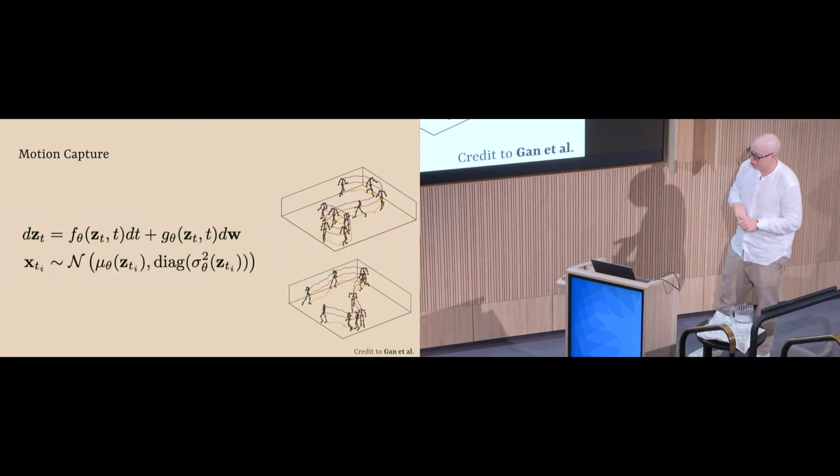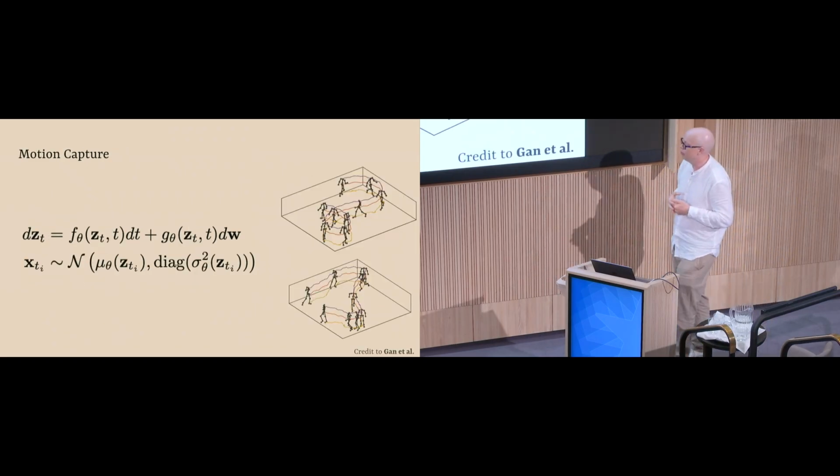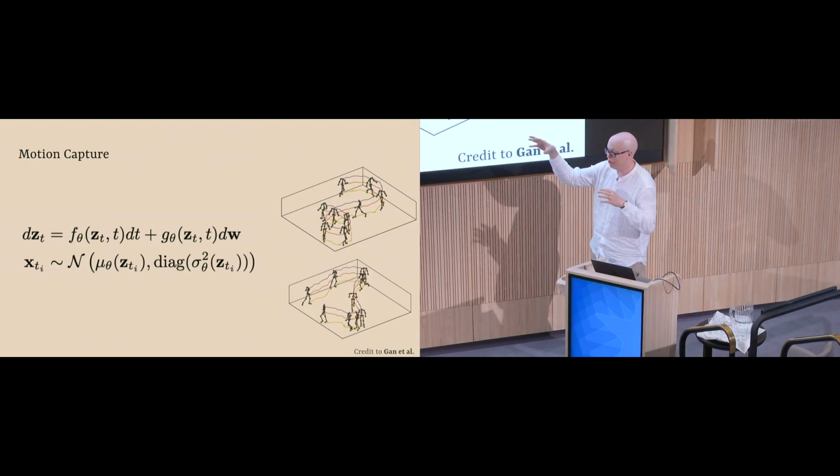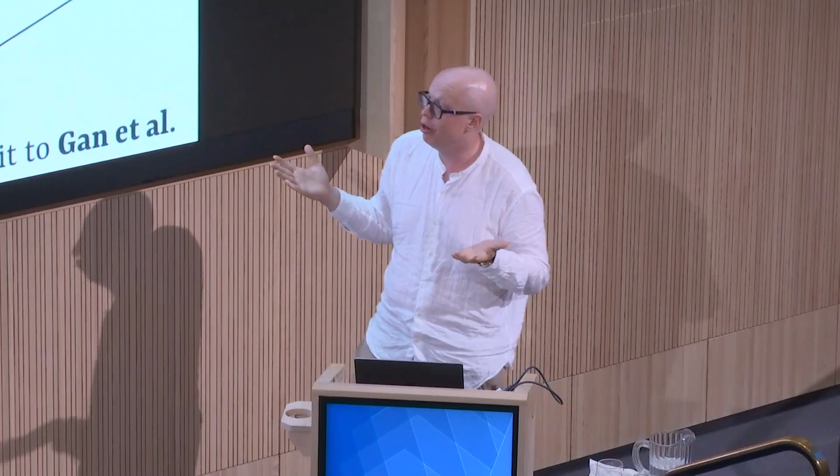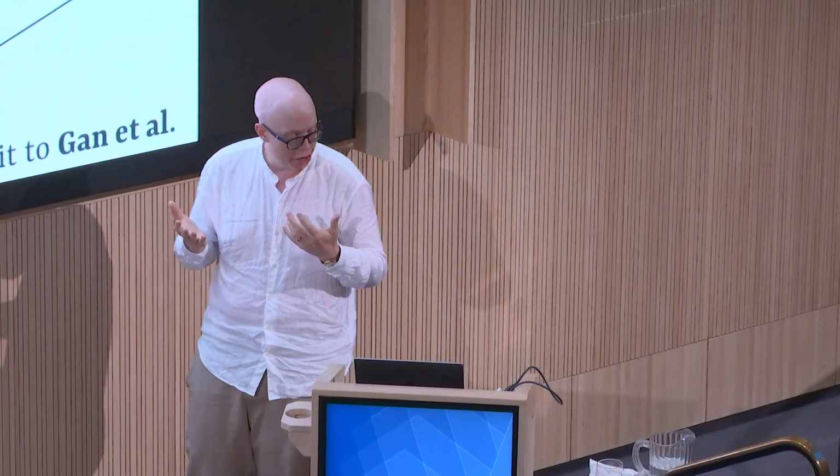Another one could be motion capture. We've put IMUs or cameras on people, measuring them over time as they move around in a room, and for that we might not know what the dynamics is that's going on there. So maybe we want something a little bit more flexible.